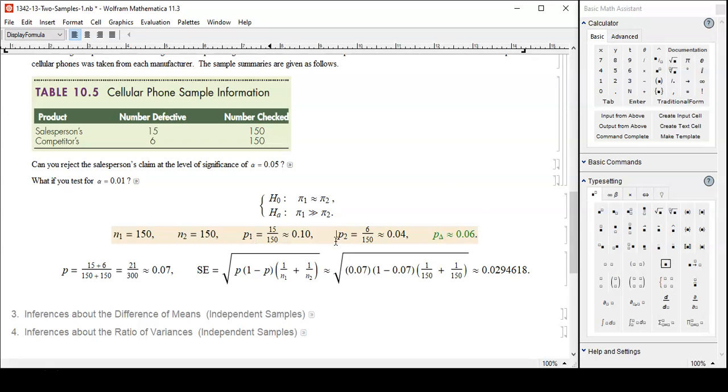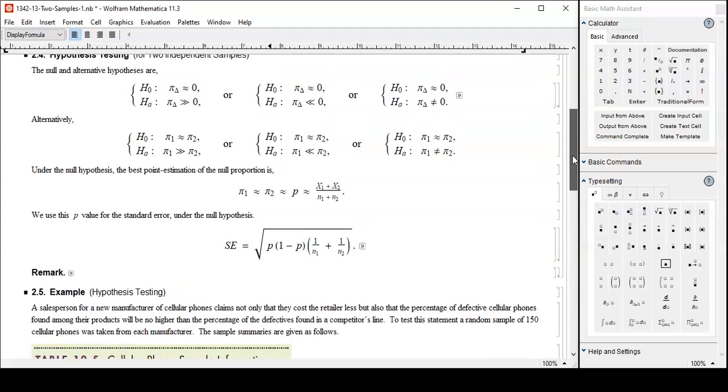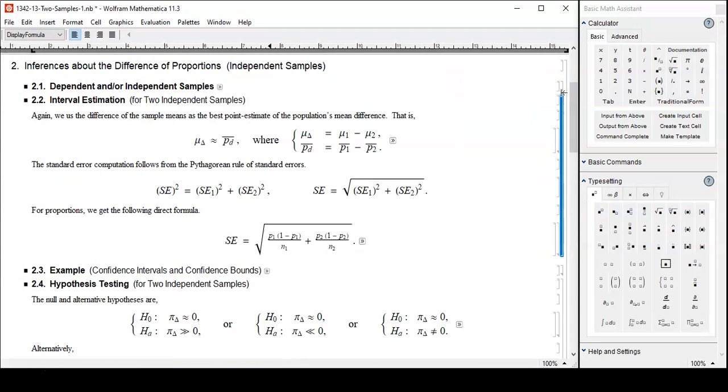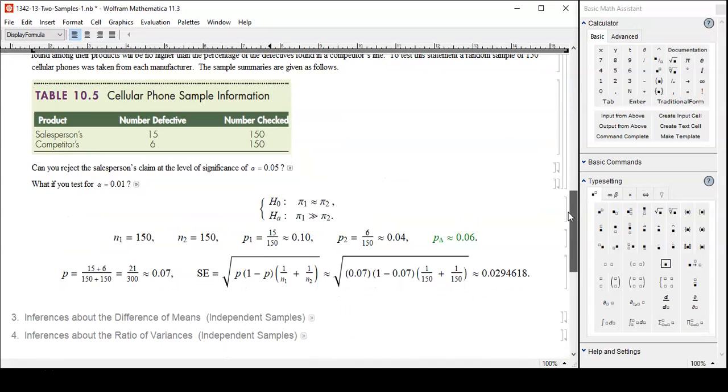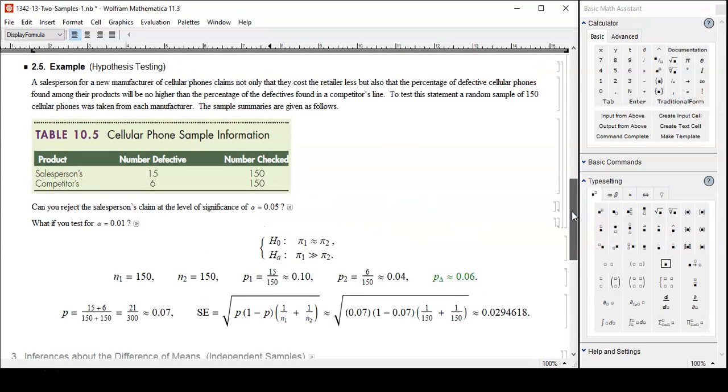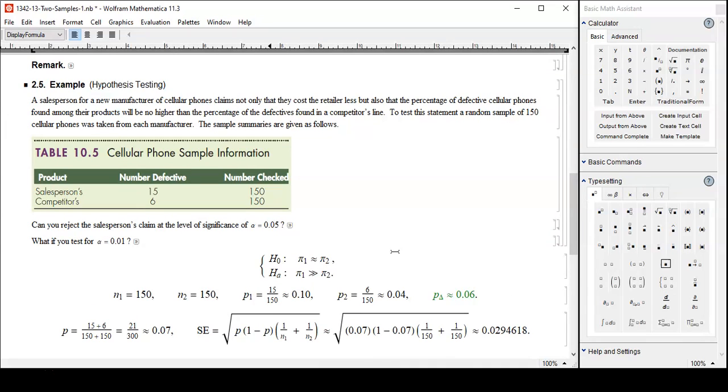Even though I have this p1 and p2, instead of using this formula here, as we did for interval estimation, we do something different. Under the null hypothesis, p1 and p2 are just observed values coming from the same parameter, pi 1 and pi 2. So you have to somehow put those together and reconcile those.